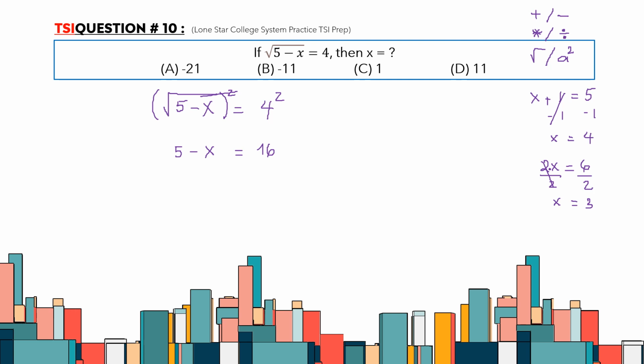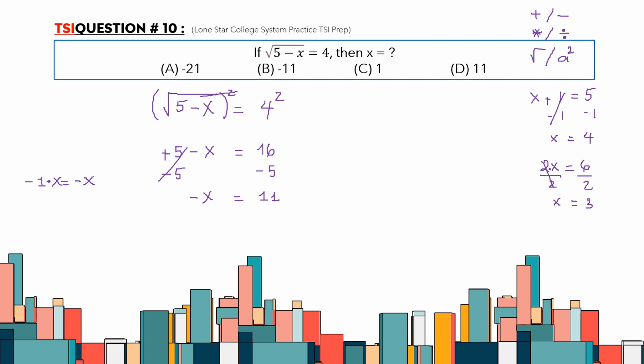Now I can undo the plus 5, so I undo it by subtracting 5 from both sides. I get negative x on the left hand side, that equals 11. Then negative x means negative 1 times x, that is negative x, right?